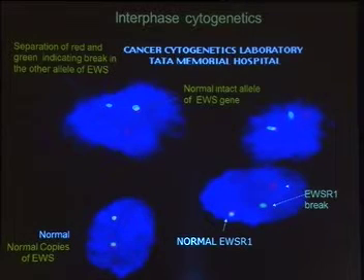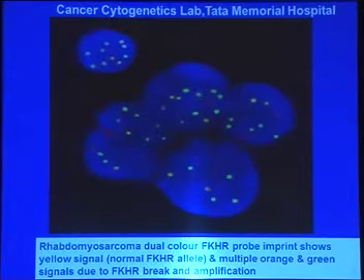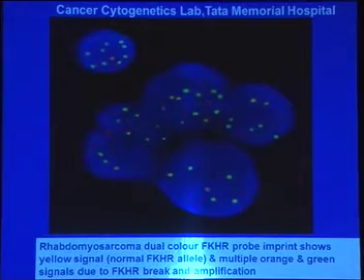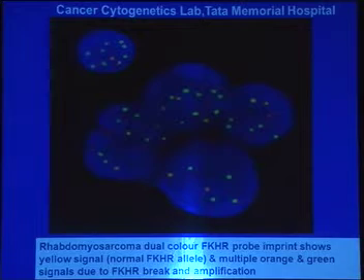And FISH appeals to us as pathologists because it's really an extension of histology. We use FISH for rhabdomyosarcomas, we use FISH for synovial sarcomas, and this is a rhabdomyosarcoma wherein we look at the dual color FKHR probe, and it shows that there is not only a break, but a lot of amplification.